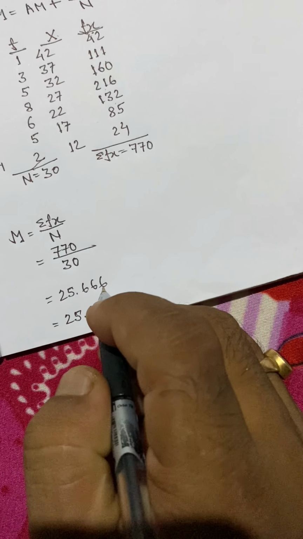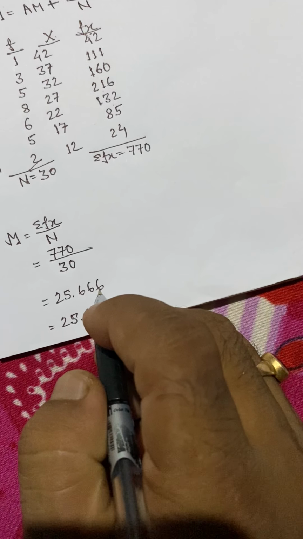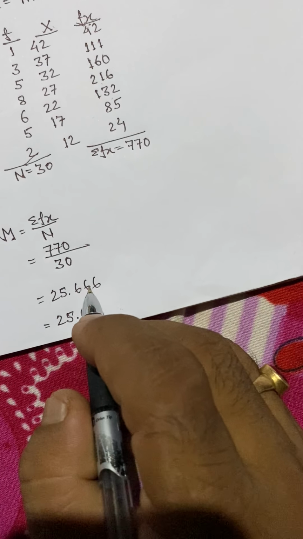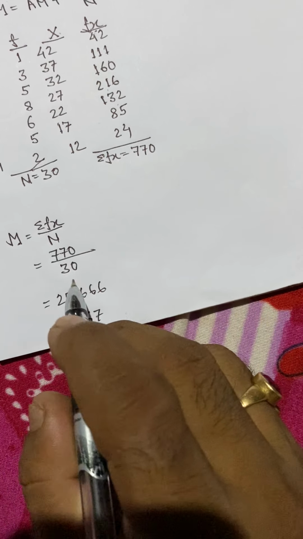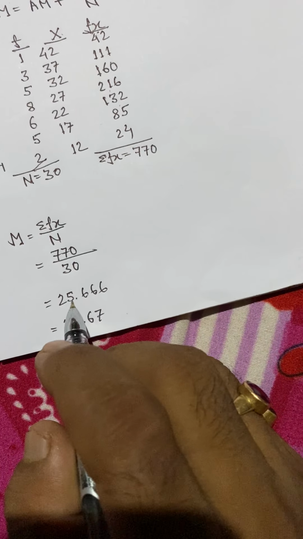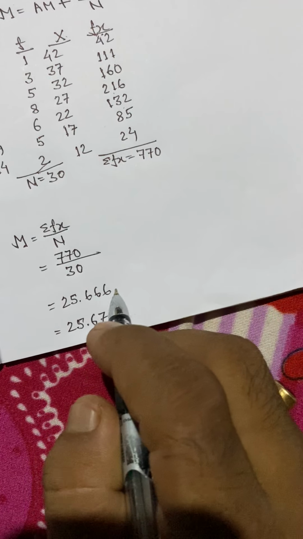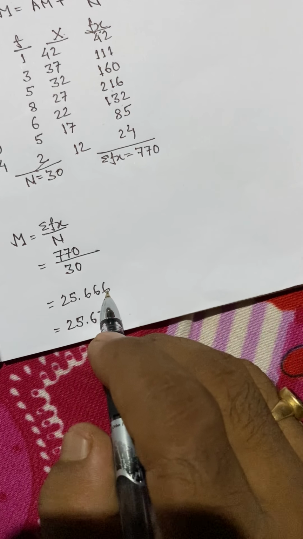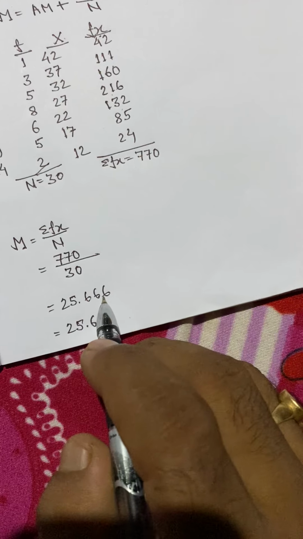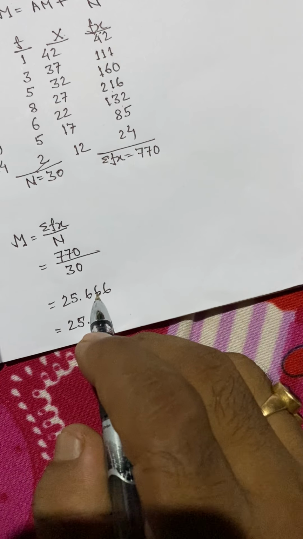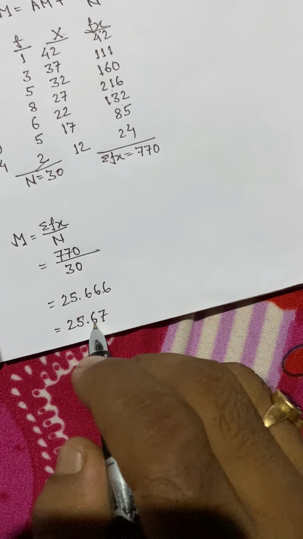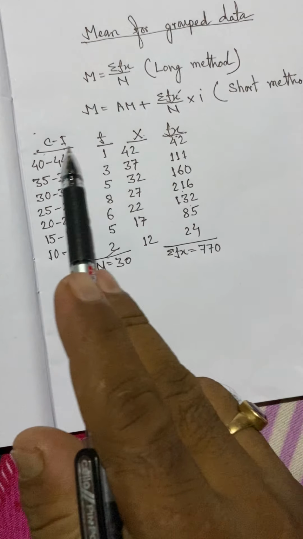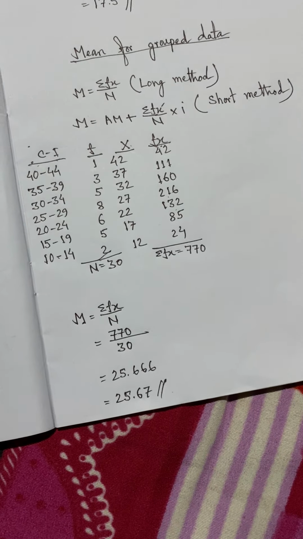After the decimal, if the third number is 5 or more than 5, then you should add 1 to the second number after the decimal. So it will become 25.67. So 25.67 is the mean of this frequency distribution table.